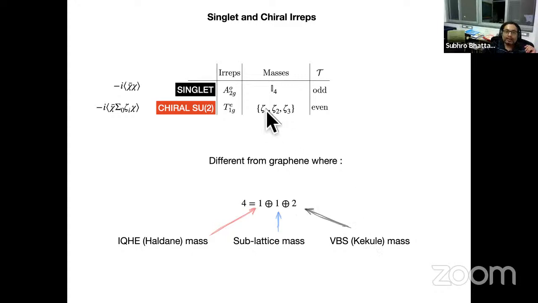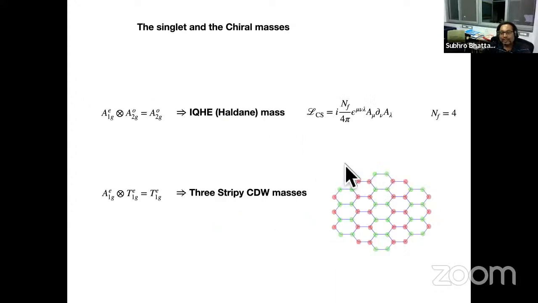Right. Okay. But here what happens is that because you start from spin-orbit coupled Dirac fermions, the way the same microscopic symmetries act on these fermions are different. So the irreducible representation is different. And instead of getting 1 + 2, you get a 3, which allows for this charge density wave triplet mass, which transform into each other under various symmetries.